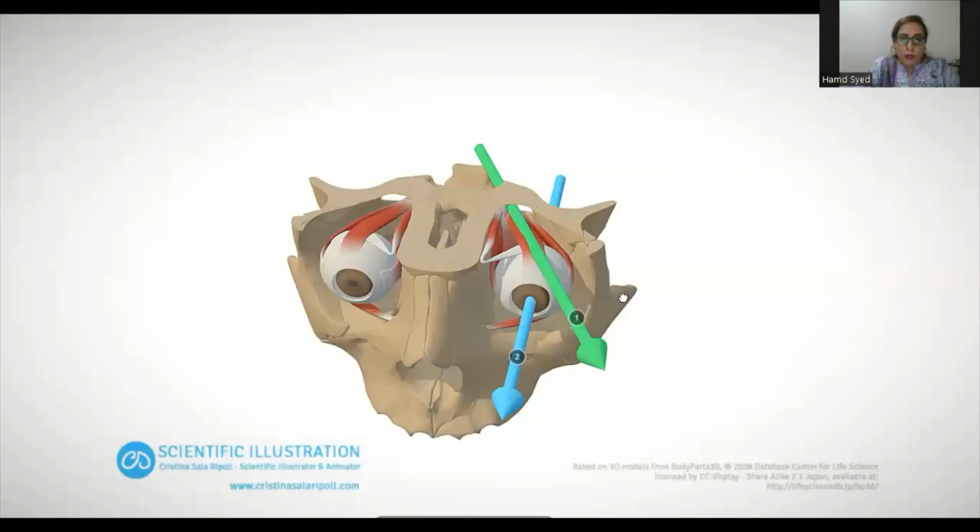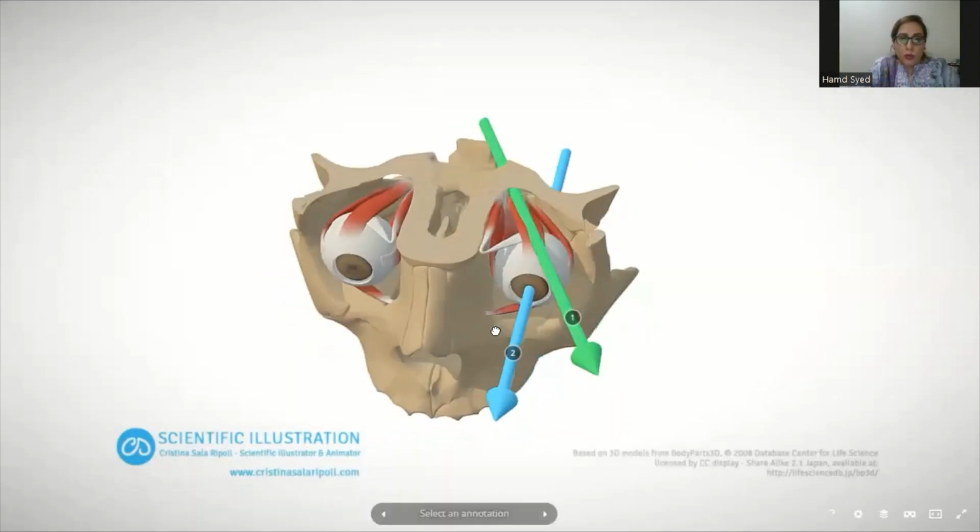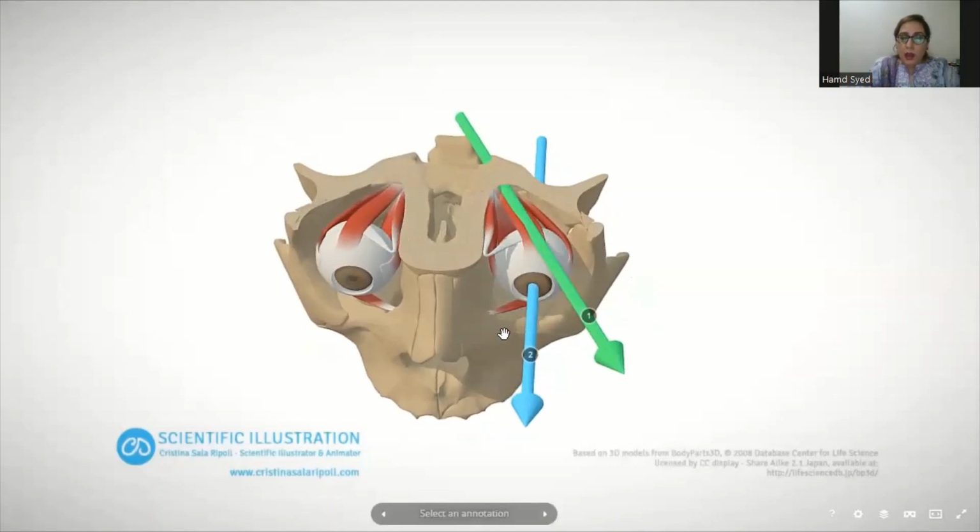And over here, we can see these two arrows, which are showing us the main two axes of the orbital cavity, which I had mentioned in the very initial slides of this presentation. The blue arrow is representing the axis of the eyeball, which runs through the central part of the pupil when the eyes are facing anteriorly. Whereas this green arrow is representing the axis of the orbit.